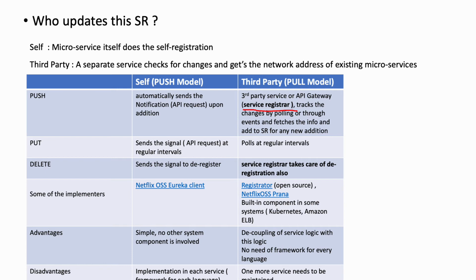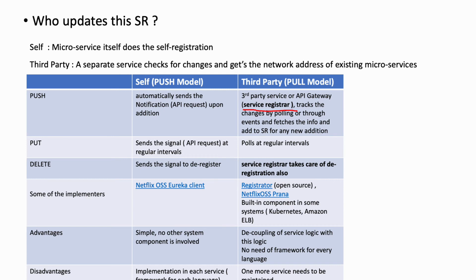They have internally within the Kubernetes system and Amazon ELB implemented this third party service concept, and it is internally getting used. You need not have an extra service for this.